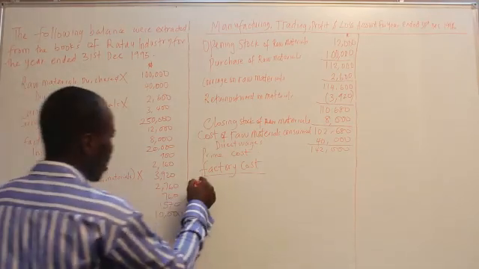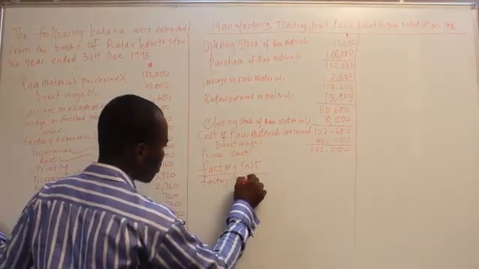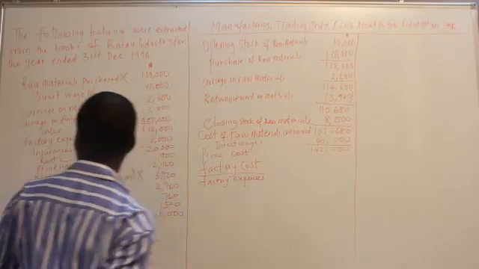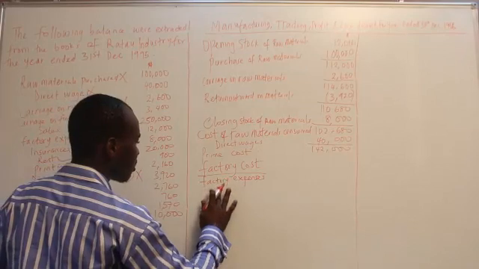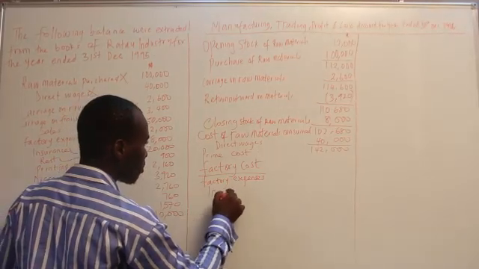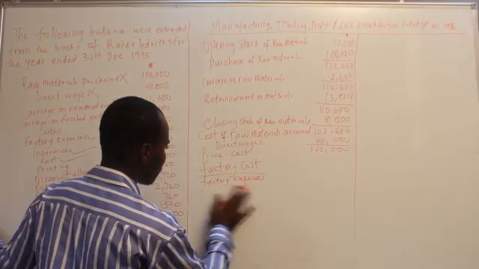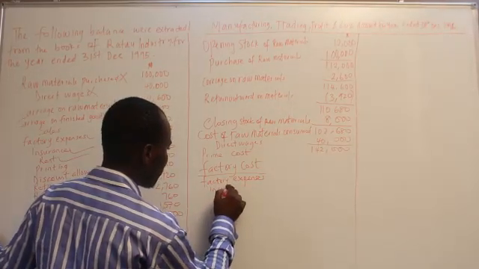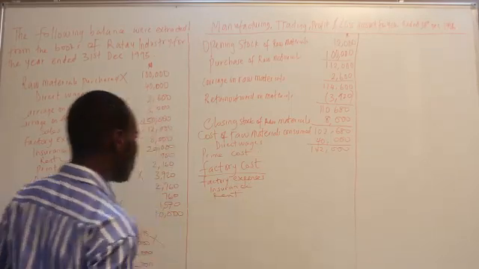So we now have factory expenses. Here also we have rent, and insurance.